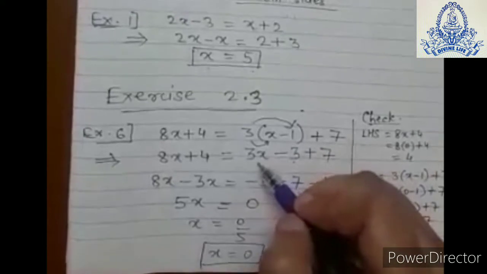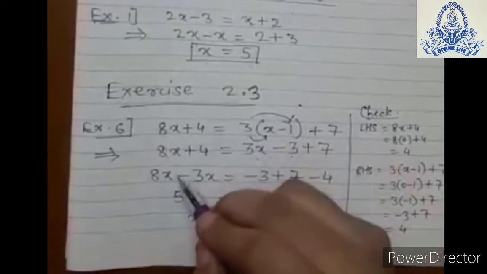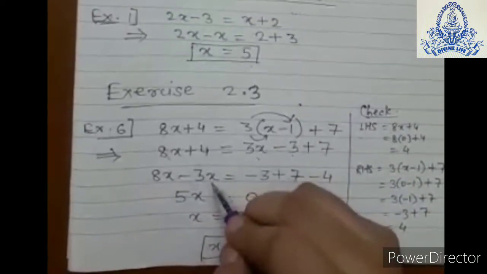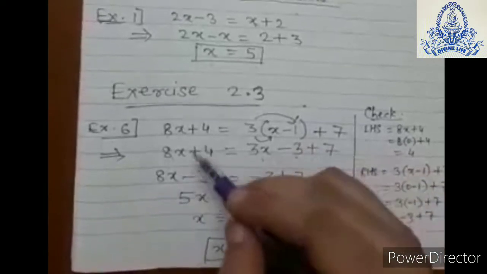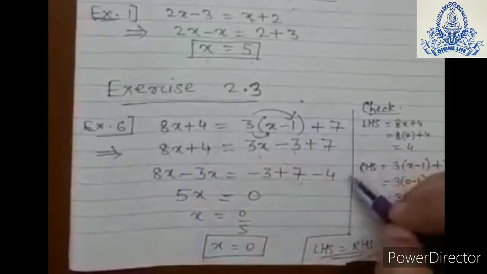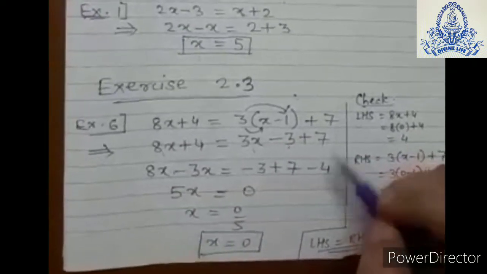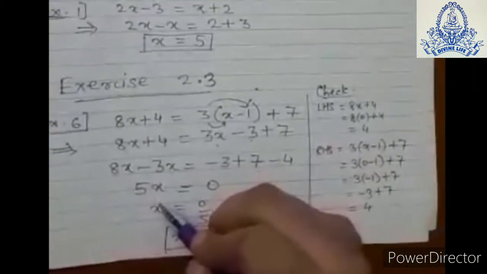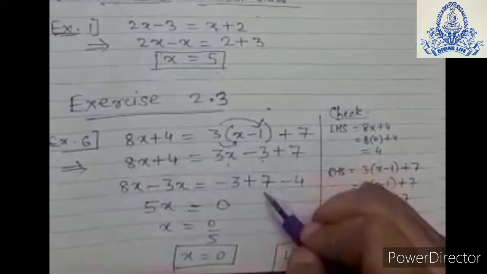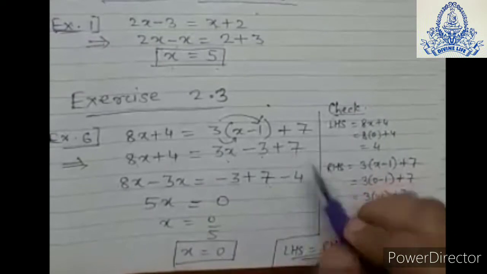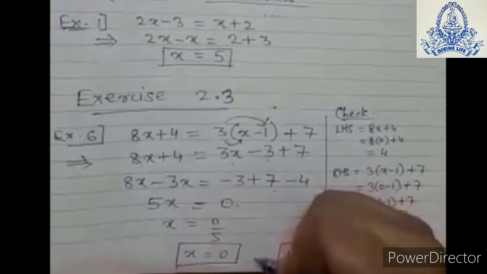Now here this is an x term and this is an x term. So bring this x term to the LHS, that is 8x minus 3x is equal to minus 3 as it is, plus 7 as it is. Bring this plus 4 to the RHS, it will become minus 4. So 8x minus 3x, that is 5x, is equal to minus 3 plus 7 is 4, 4 minus 4 is 0. 5x is equal to 0. So x is equal to 0 upon 5, x is equal to 0.